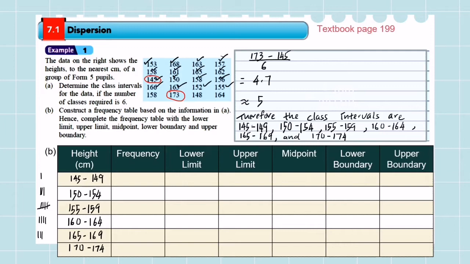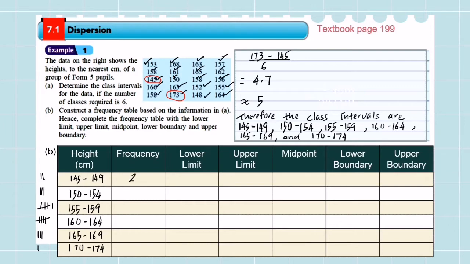Okay, so 158, 173, 148, and 164. Okay, so from here we fill in the number, the frequency.